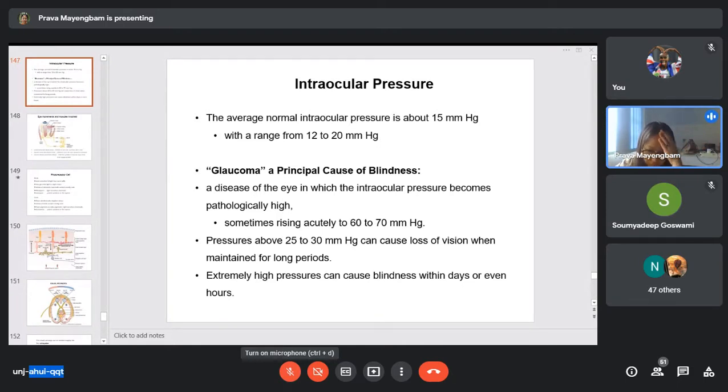In the respiratory system, I will give you the list of what you have to study for the next exam. I will send the list of chapters on WhatsApp, and then accordingly you can study.